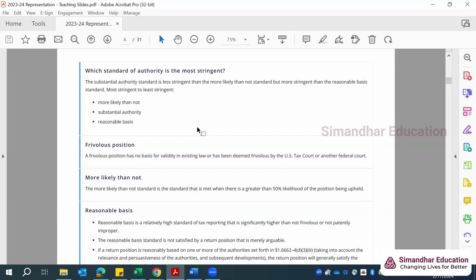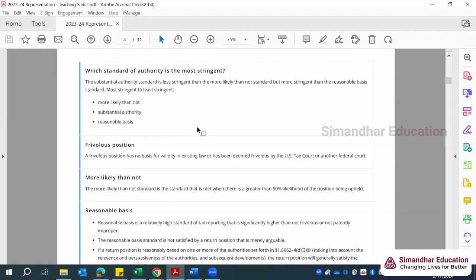Because now they are keeping a blind eye to the rules and regulations of the country where they are going and working. So someone taking a position that they are not subject to taxation just because they are a resident or citizen of another country is considered a frivolous position.